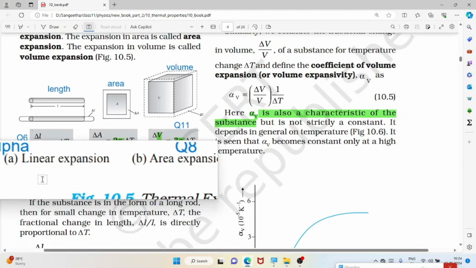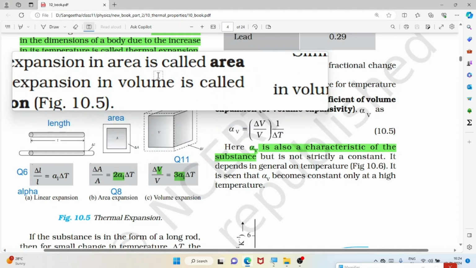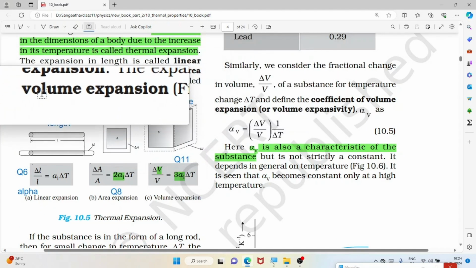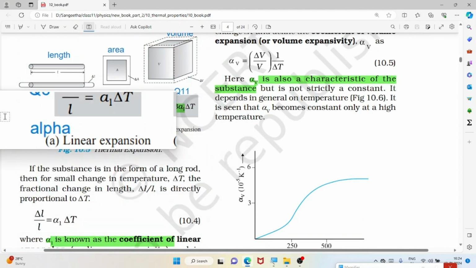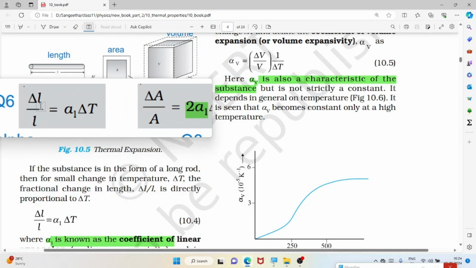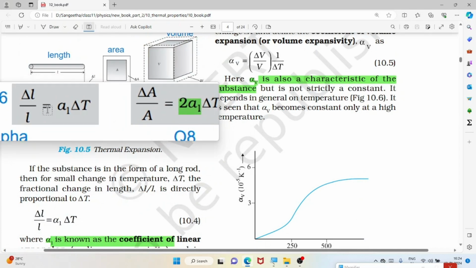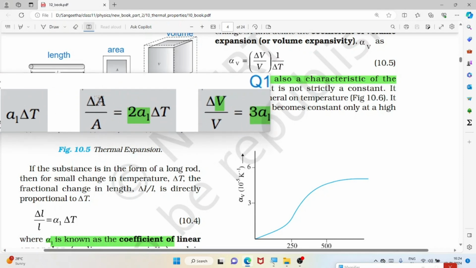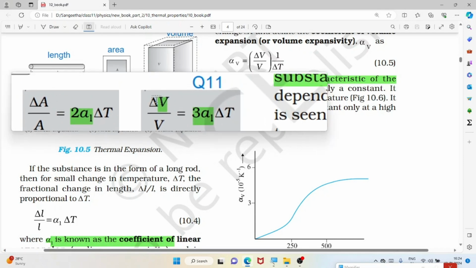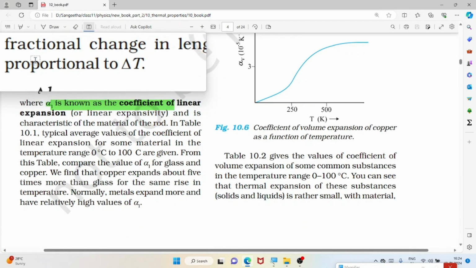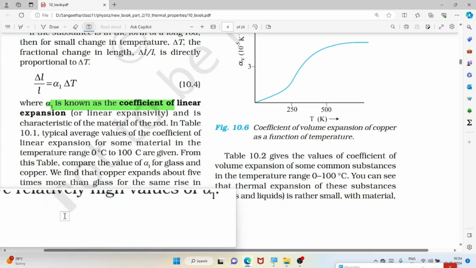So there are linear expansion, area expansion, and volume expansion. Delta L is nothing but the difference in length, that is L final minus L initial. Similarly for area, area final minus area initial, and volume also. This is the coefficient of linear expansion.